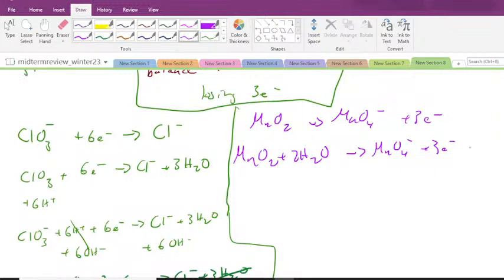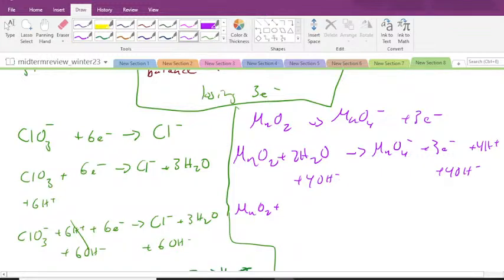Four on the product side. Excellent. So again, you would stop here if you were in acidic solution, but we're in basic. So now we have to add our 4 equivalents of hydroxide to each side. And so now I'll just rewrite it.